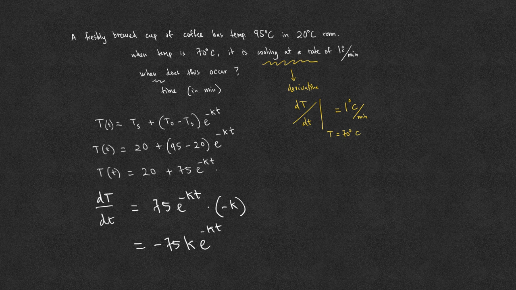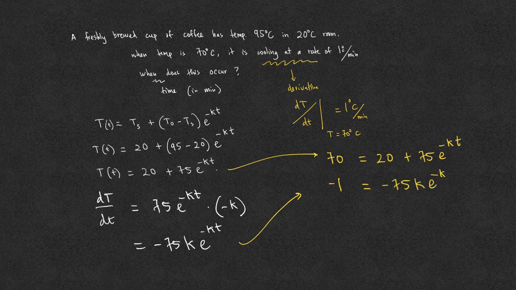On the one hand, if we plug 70 into the output, the temperature, we will get 70 equals 20 plus 75 e to the negative kt, and we don't know what t is because we're looking for the time. On the other hand, if we plug into the derivative negative 1, because this is cooling, negative 1 equals negative 75k e to the negative kt.